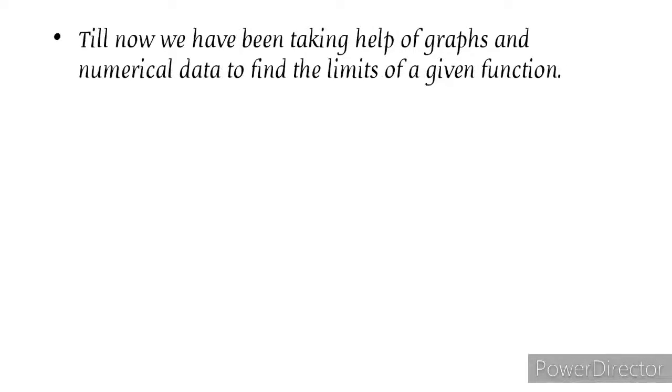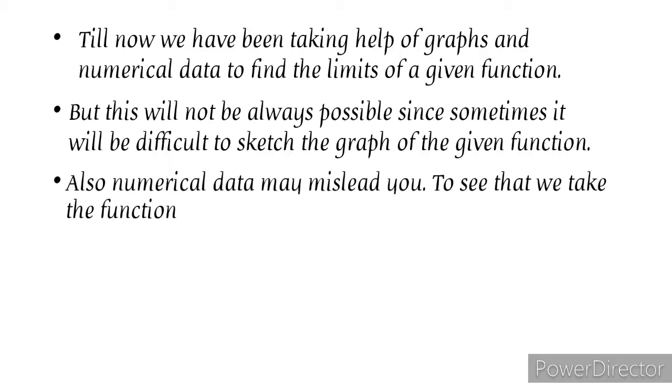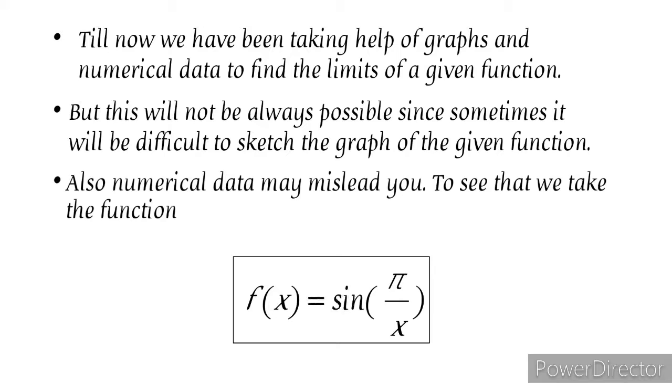Till now, we have been taking help of graphs and numerical data to find the limits of a given function. But this will not be always possible, since sometimes it will be difficult to sketch the graph of the given function. Also, numerical data may mislead you. And, to see that, we take the function f of x equals sine of pi by x.